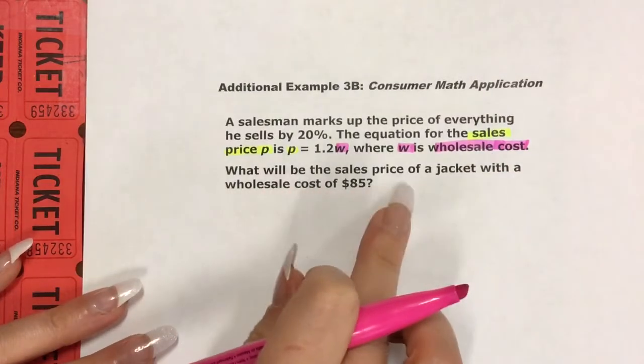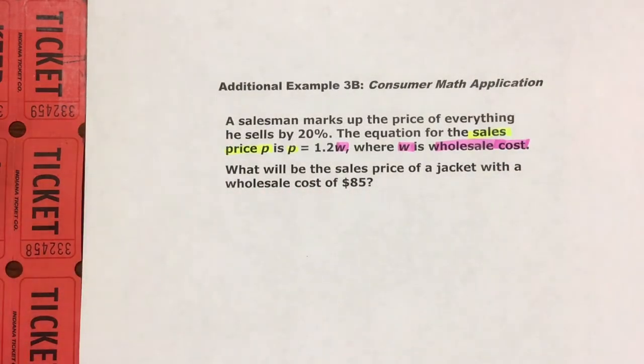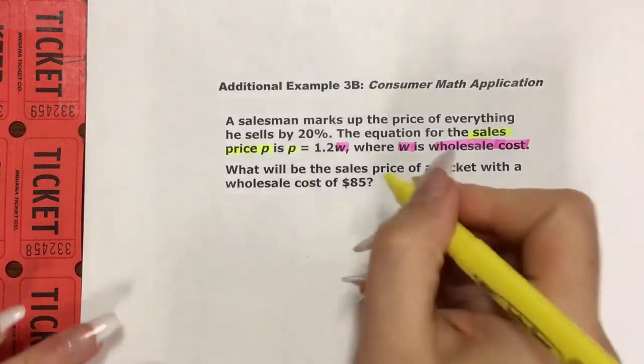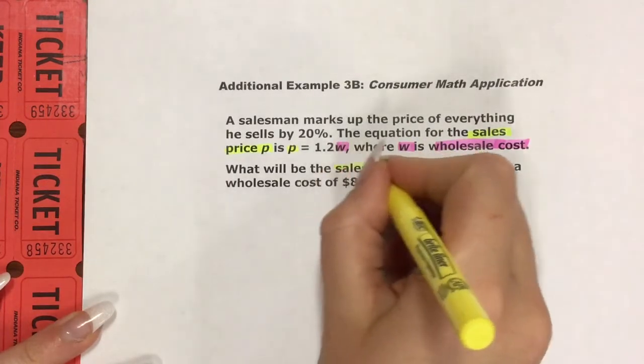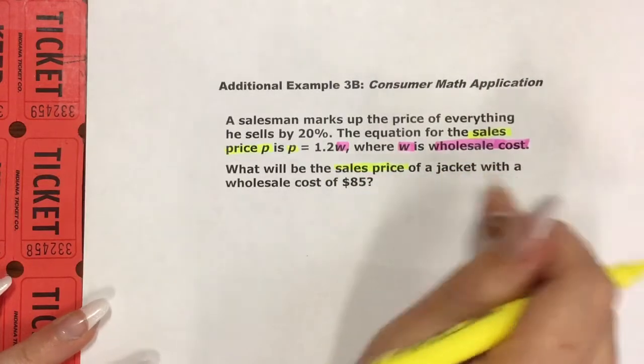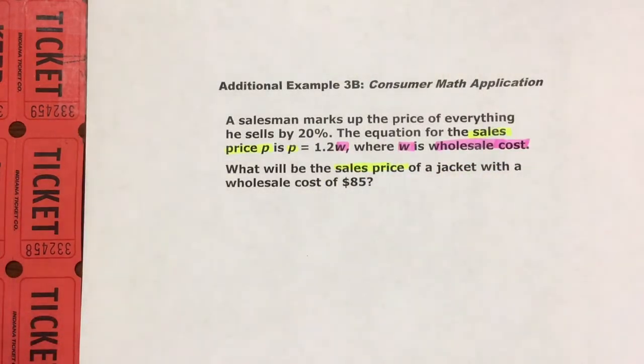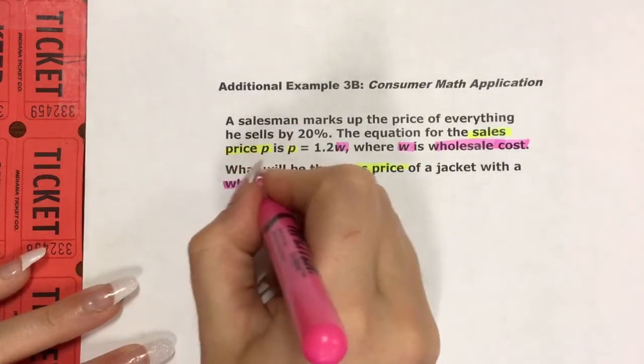It says, what will the sales price be of a jacket with a wholesale cost of $85? So now the wholesale cost is $85.